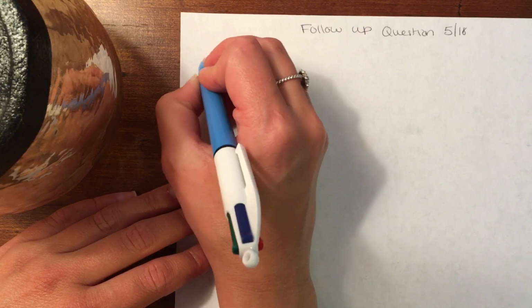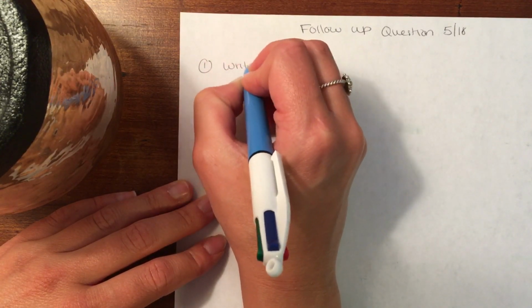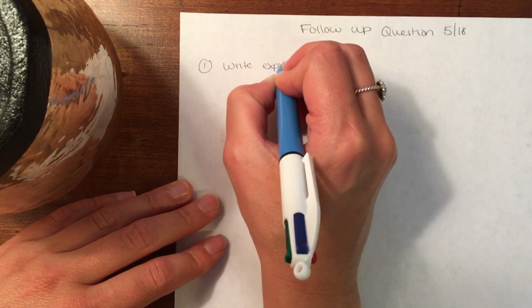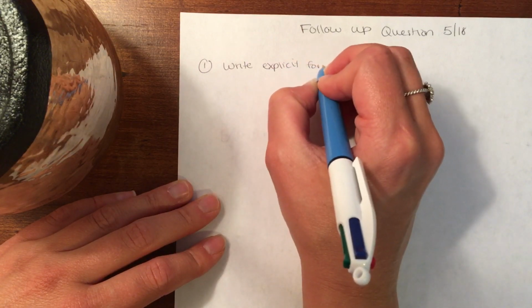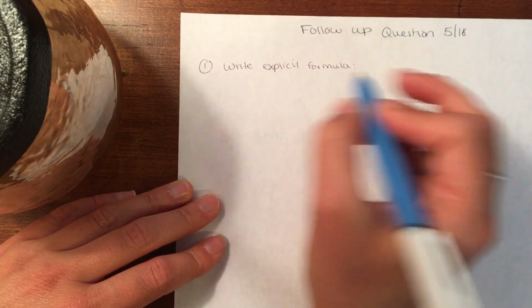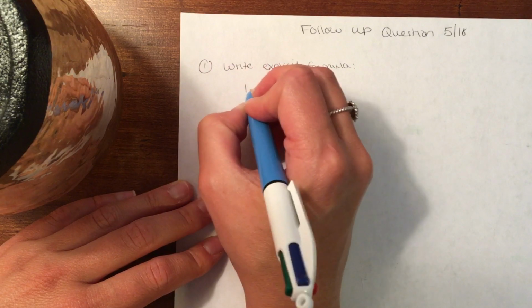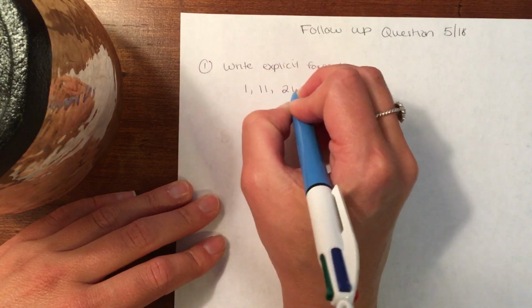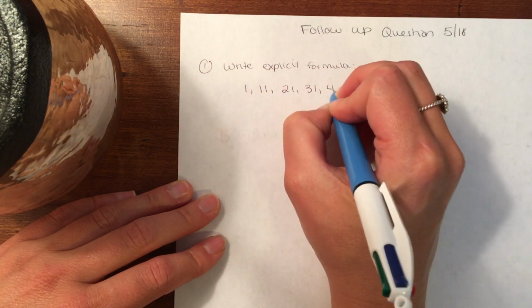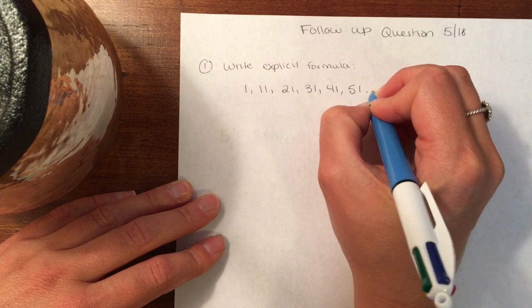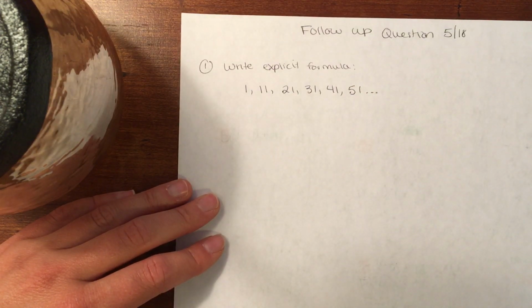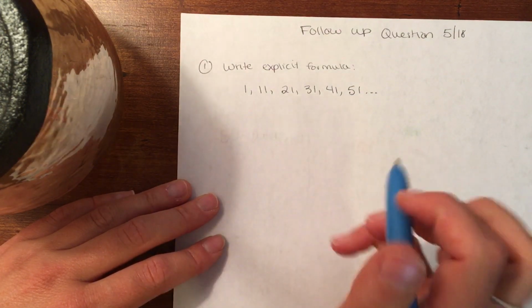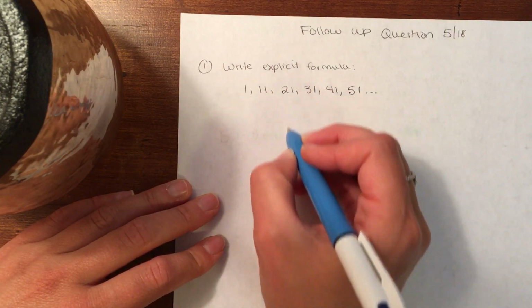So here's question 1. Write the explicit formula for this sequence 1, 11, 21, 31, 41, 51, ... So you're going to write that formula. I'm going to give you some space here.